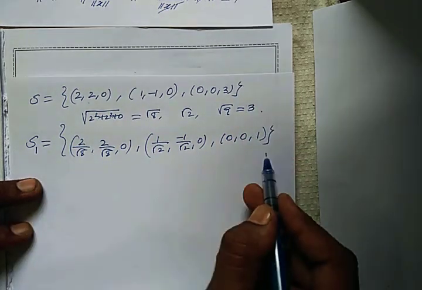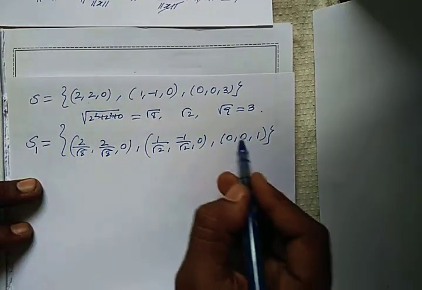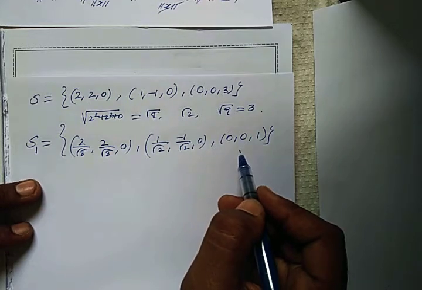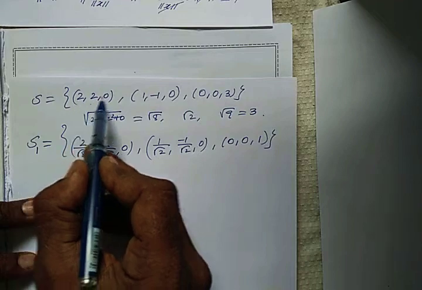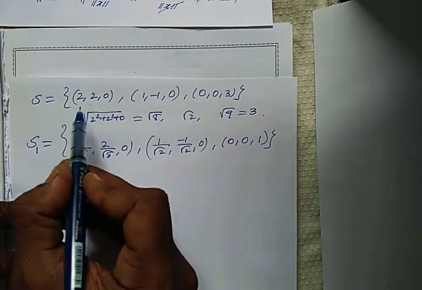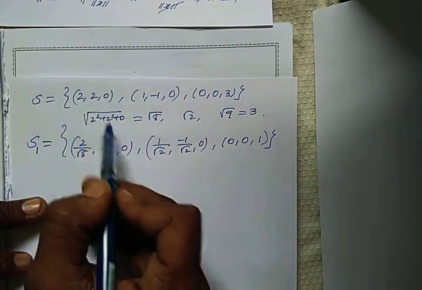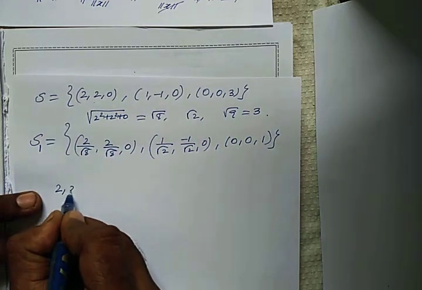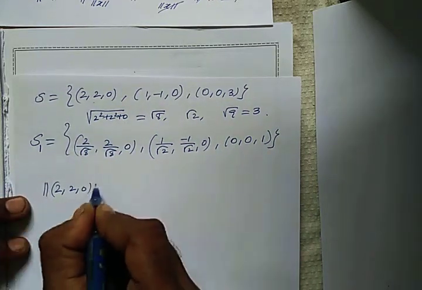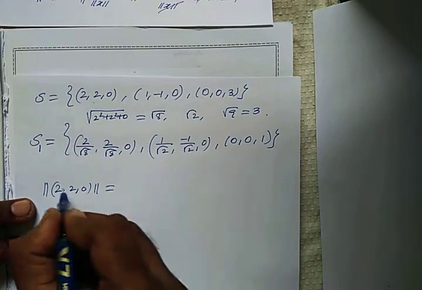Now consider this new set. This set is an orthonormal set. What I have done is, it was an orthogonal set, and we have divided each vector by its norm. See, you have to be clear about the norm.